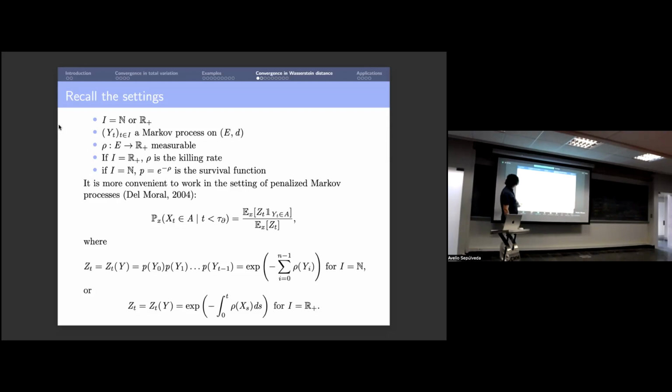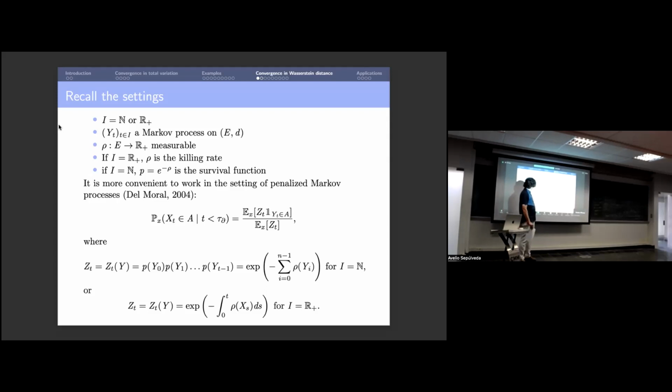So in discrete time, Z_t is the probability of survival at first step times second step until t minus 1. And so here you penalize the event Y_t in A by this probability of survival, and you need to normalize it because this is the conditioning part, right?